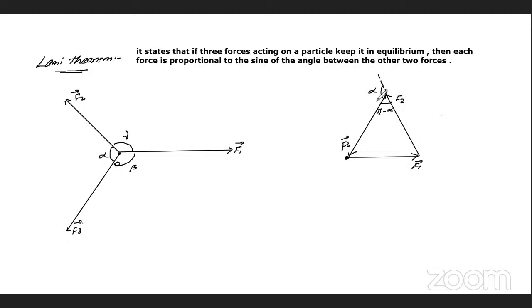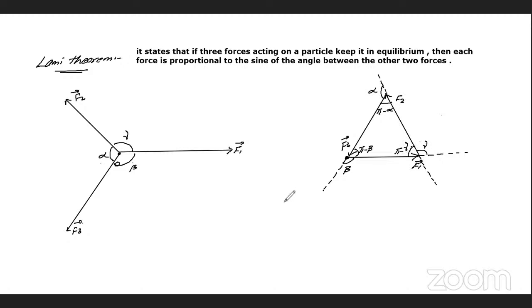Same thing for F3 and F1. F3 and F1 make an angle of beta, so the inner angle will be pi minus beta. And F1 and F2 make an angle of gamma, so the inner angle will be pi minus gamma.